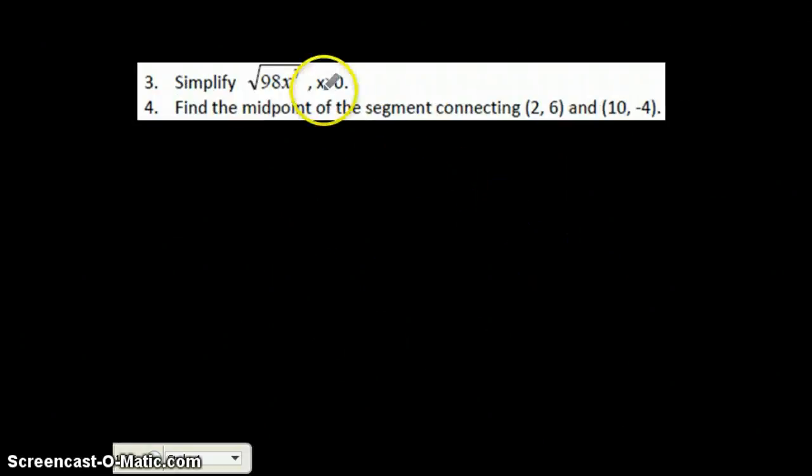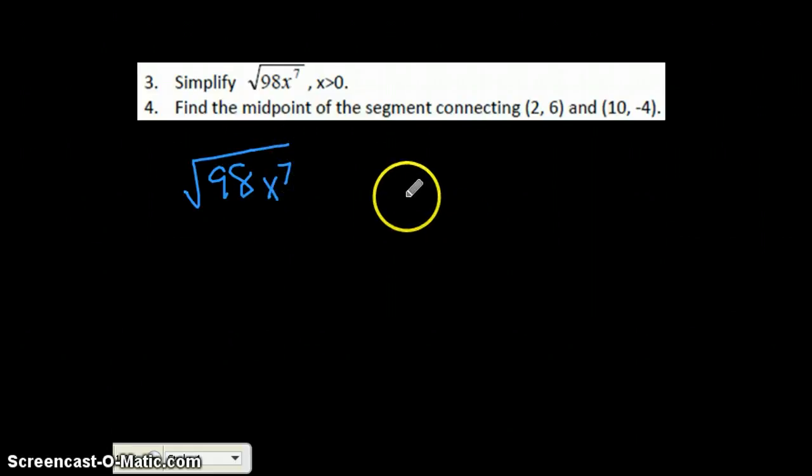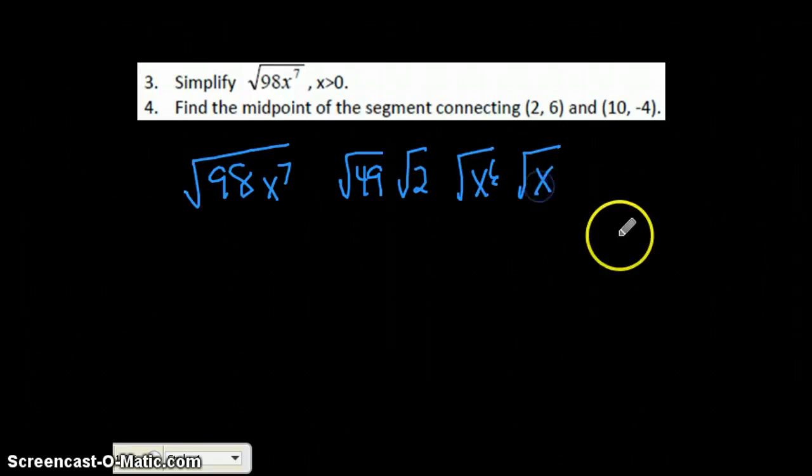Okay, folks, now here we want to simplify radical 98x to the 7th. What I would do is rewrite that as radical 49 times radical 2 times radical x to the 6th times radical x, using the properties that we talked about.